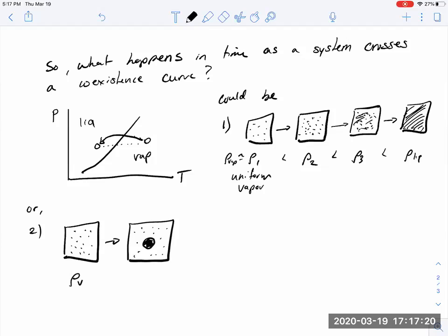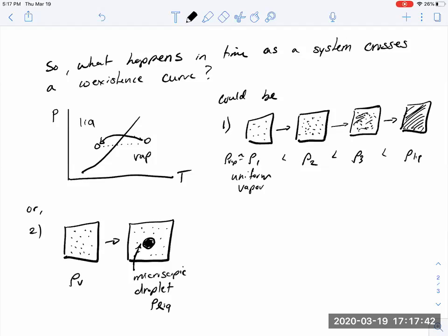So the density in the whole system increases in this next step, not uniformly, but because I have a microscopic droplet that has a density equal to the liquid density.